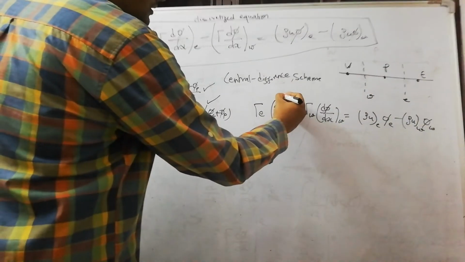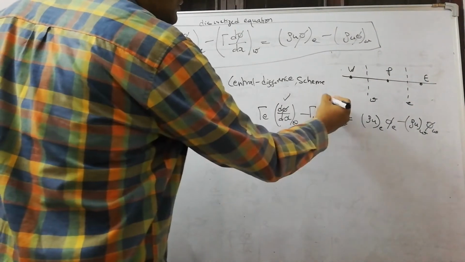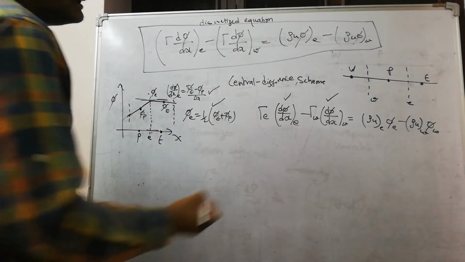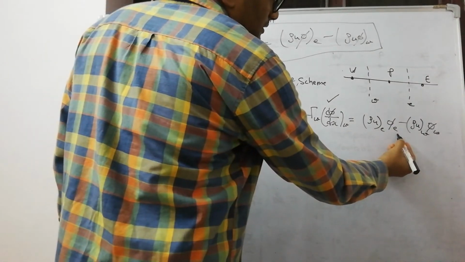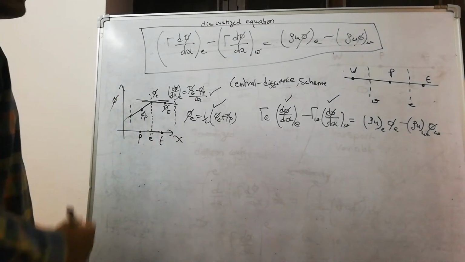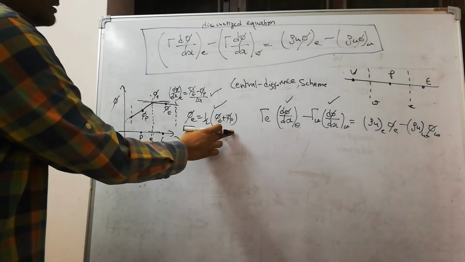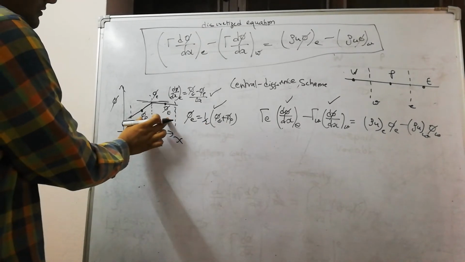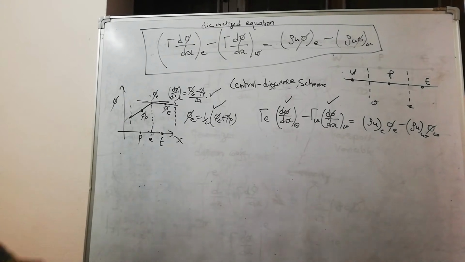So I know how to get d phi by dx at interface e and at interface w. Now I have also approximated using central difference, that is the midpoint rule, also called midpoint interpolation. I can simply average phi E and phi P to get the value at the interface.